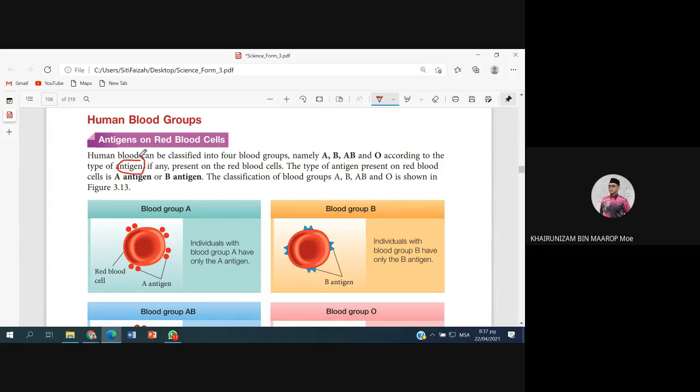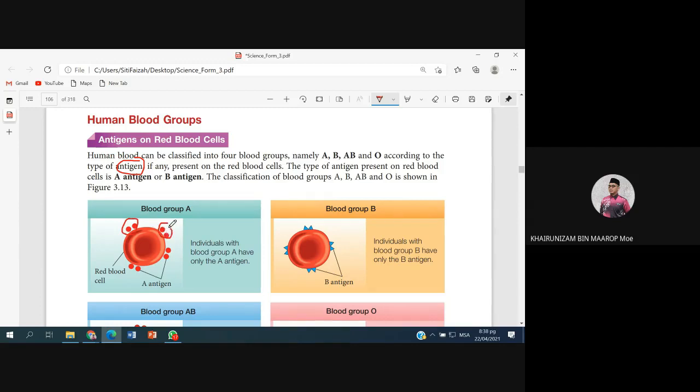Because on the surface of the red blood cell is present a protein called antigen. This is made up of protein, antigen.